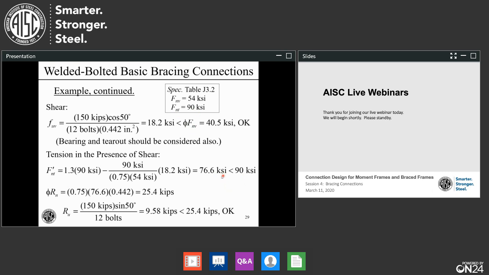And you see that we don't. If we had gotten 92 out of this, then we stop and use 90. All right, now calculating the strength, we have phi 0.75 times 76.6 ksi times the area of one bolt, or 25.4 kips per bolt. That's the strength of one of these bolts in tension if it's subjected to the shear that we have.